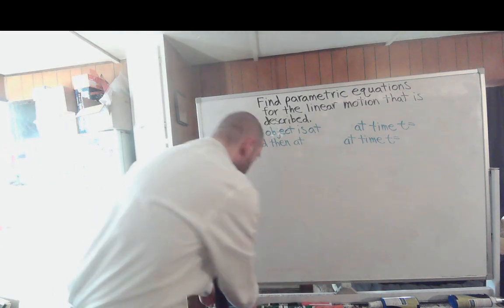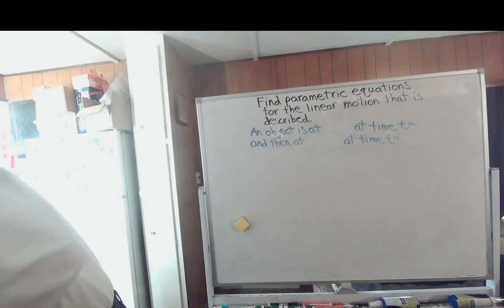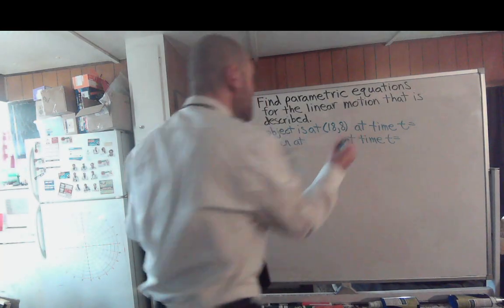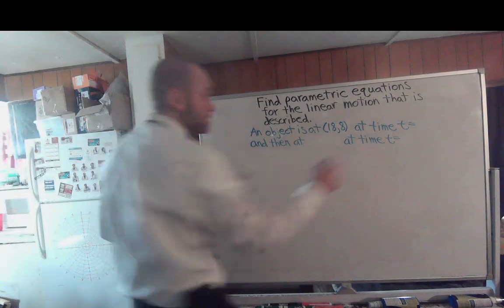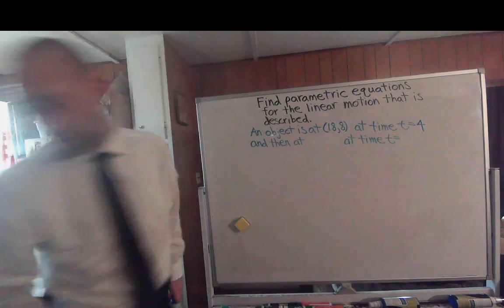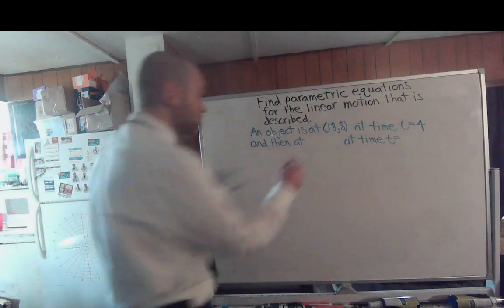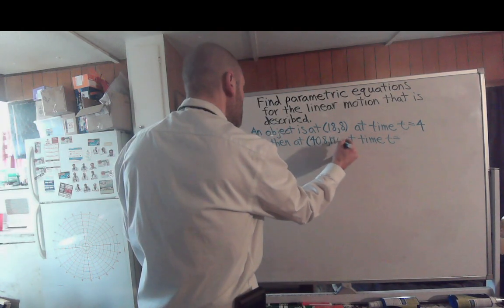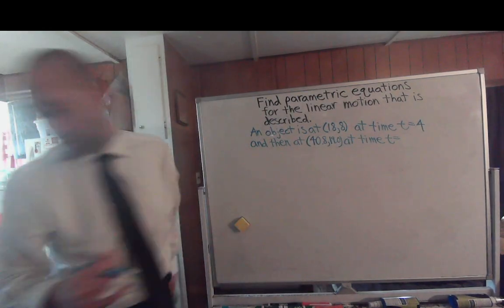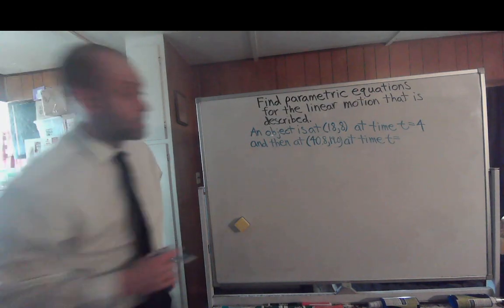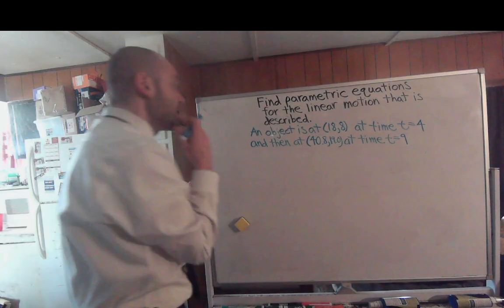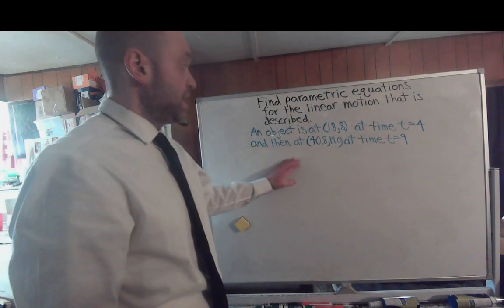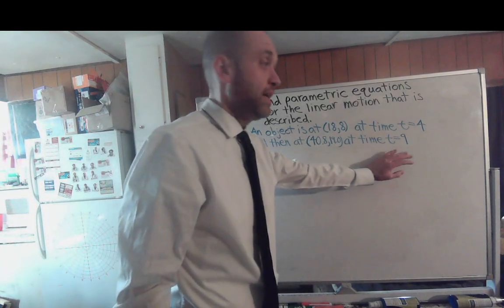Alright, so we have an object at 18, 8 at time t equals 4, and then at 40.8, 19.0 at t equals 9.